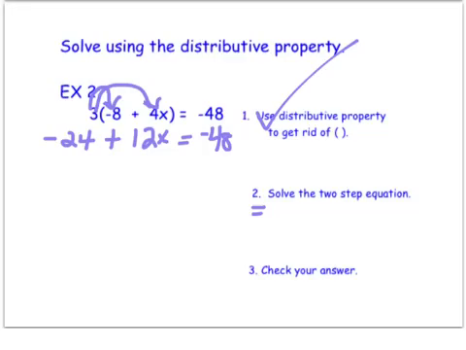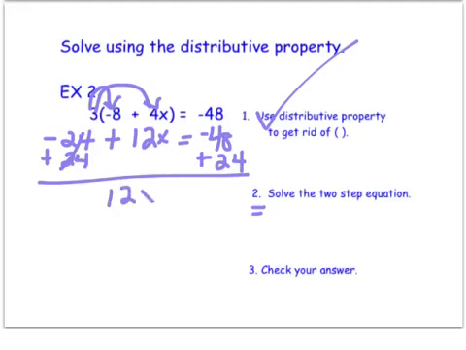Solve the 2-step equation. Well, I know that I'm trying to get 12x by itself. Who's chilling with 12x? Negative 24. How do I get rid of a negative 24? I add 24, you say. Whatever I do to one side, I must do to the other. My 24 is crossed out, leaving me with 12x equals negative 24.